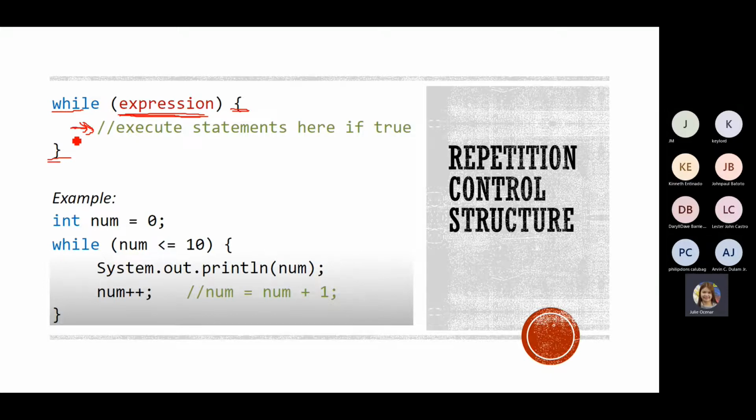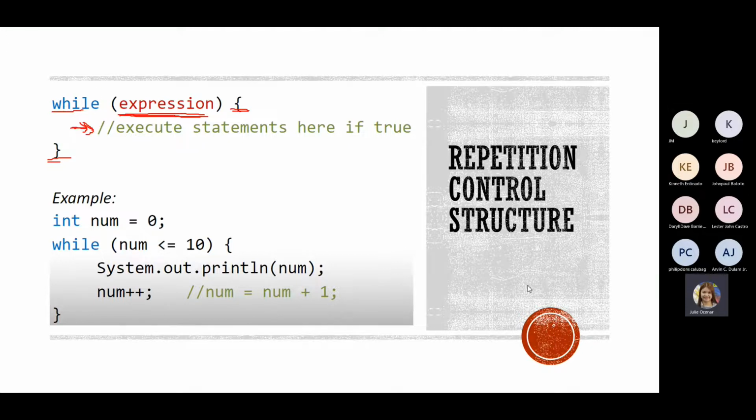Simple statement meaning isang statement lang, like for example, system.out.print, isang line lang. A compound statement could be several lines of system.out.print or initialization, declaration. It's up to you. So, pwede yon. Pwedeng simple, pwedeng compound statement.